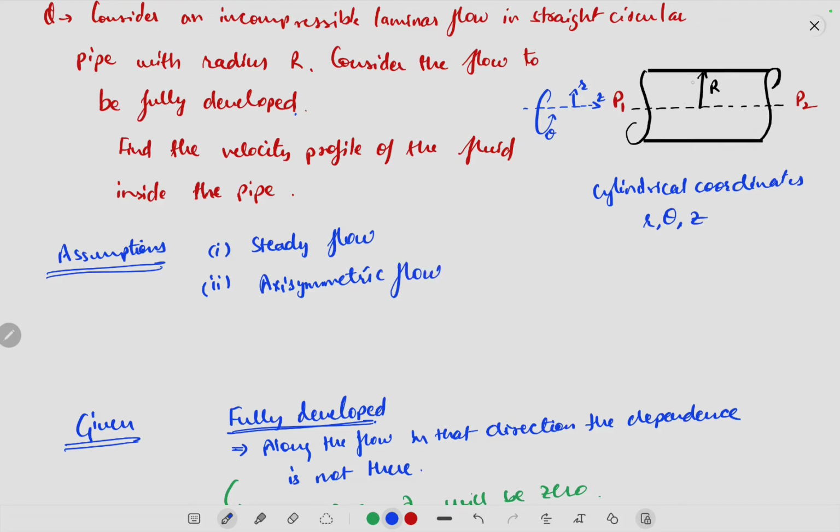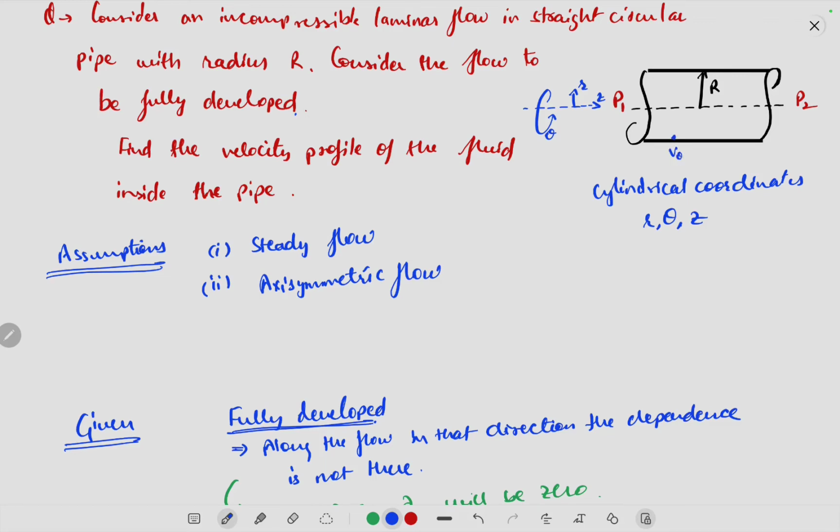Now, since this wall or the cylindrical pipe is not rotating, then the velocity v theta here should be 0. Well, vr and vz will also be 0 here since it is not rotating, but let's just only assume v theta currently.